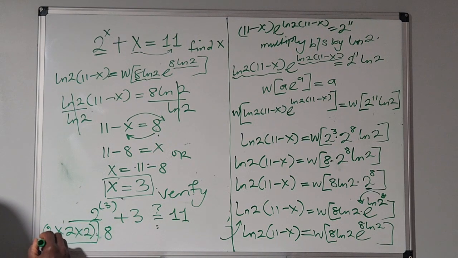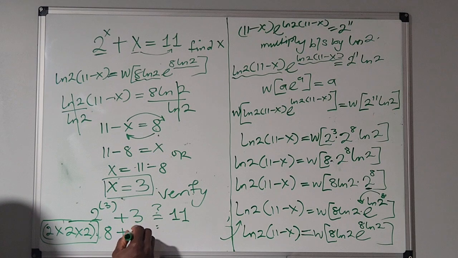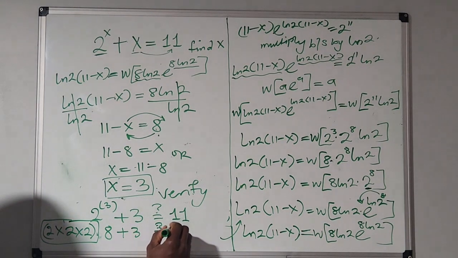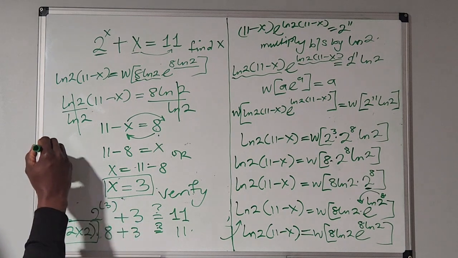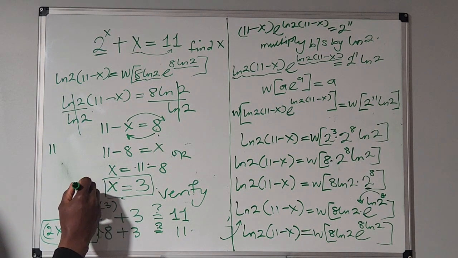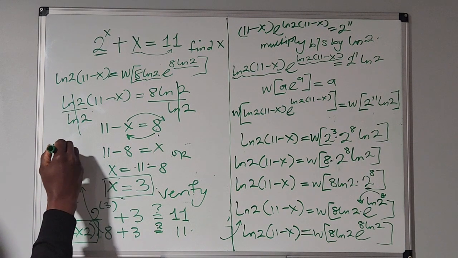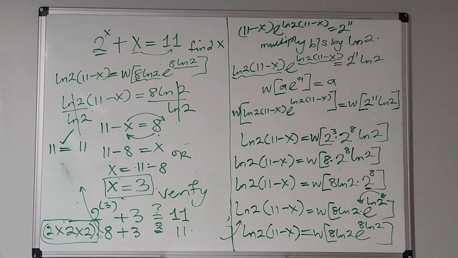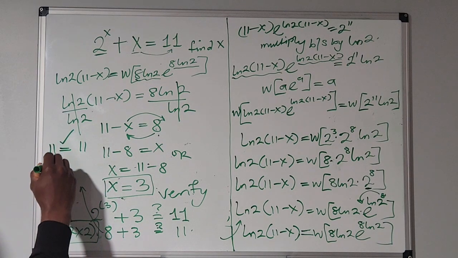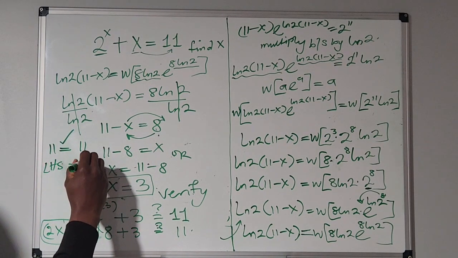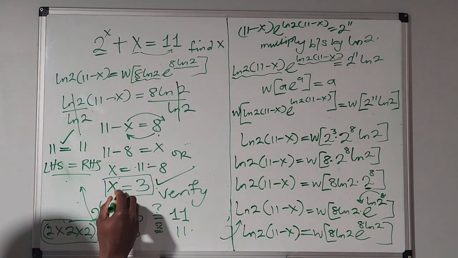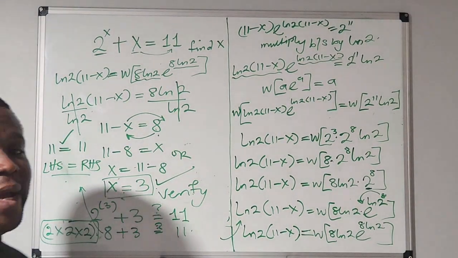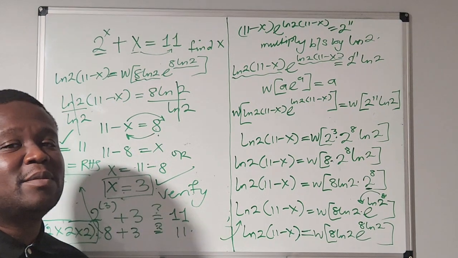That is 8 plus 3. Now we have that 11 coming over here. 8 plus 3 is 11, which is equal to 11. Therefore, our left-hand side is equal to our right-hand side. That means our value for x, which is 3, is correct.